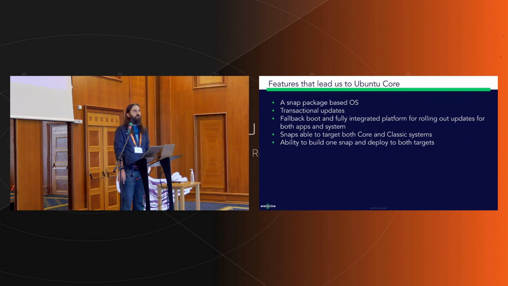We also liked, we haven't used it a ton, but we did like at the time that you could build snaps for both classic and Ubuntu Core systems. A lot of the devs at the time were running Ubuntu, so we liked the idea that you could build a snap for those classic systems as well. If you've ever built Ubuntu Core as a production device, it's unfortunate that the store won't allow you to deliver your snaps to classic systems.